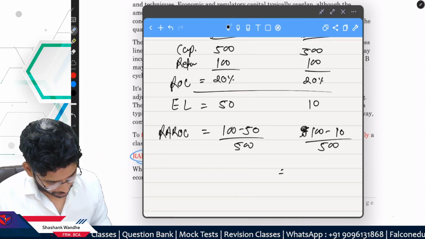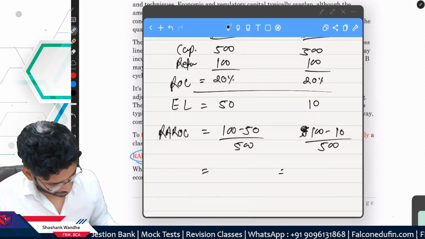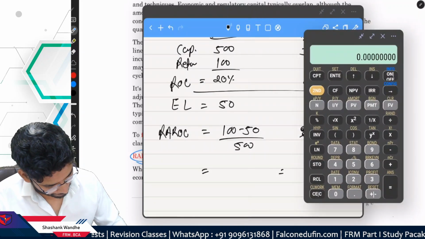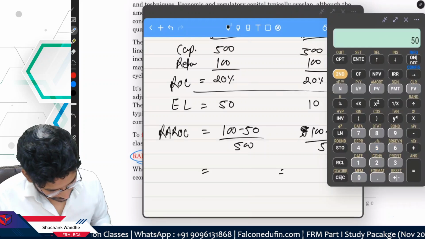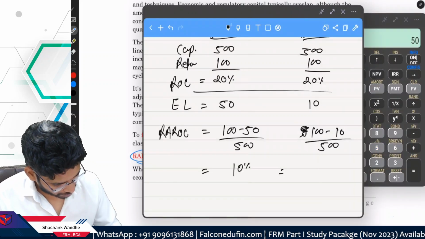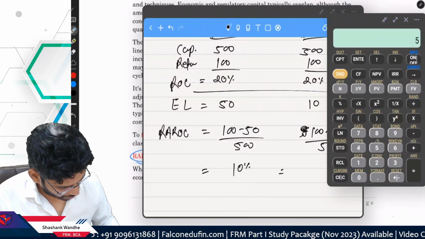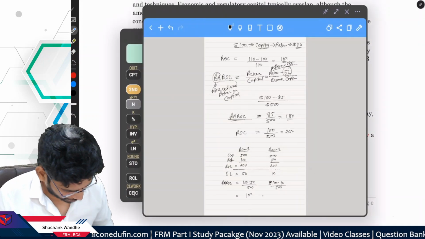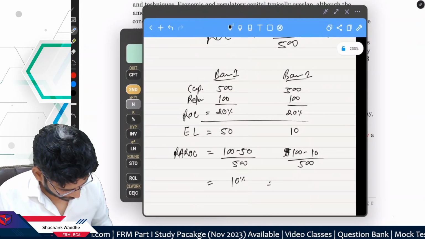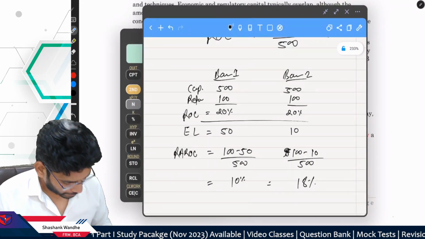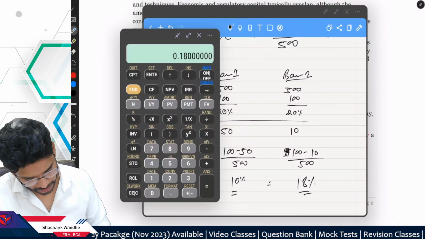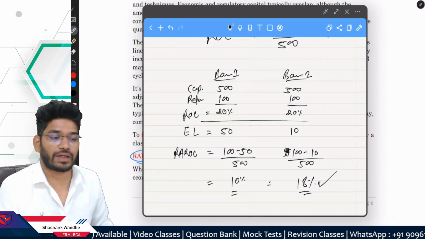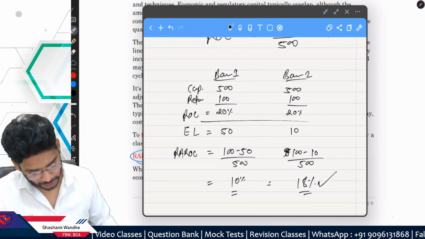So obviously the RAROC in this particular case is 10%, and this is 18%. Now which firm is better after risk adjusted return on capital? Obviously this one, right? So we will invest in bank 2, and that's why RAROC is important.